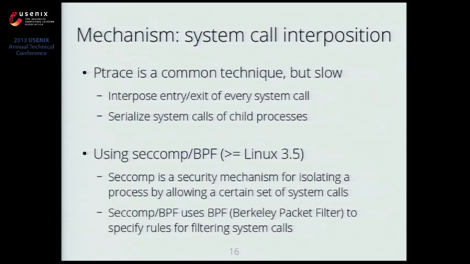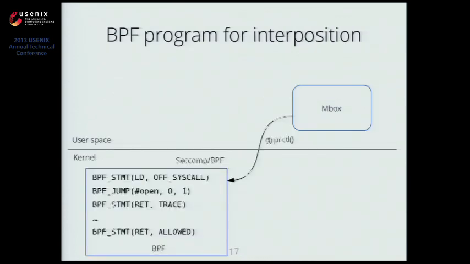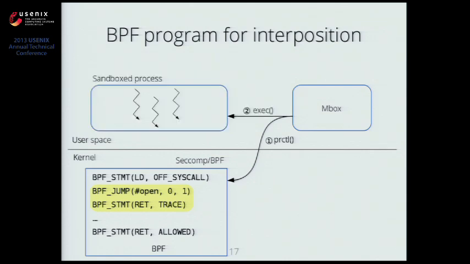In order to interpose a system call using BPF, Mbox first needed to download the BPF program to the kernel using Seccomp BPF interface. The BPF program contains a list of system call that we need to interpose in order to provide the writable Sandbox file system. After we download the BPF program, Mbox invoke the Sandbox process.